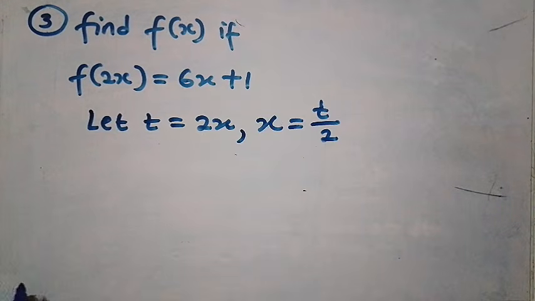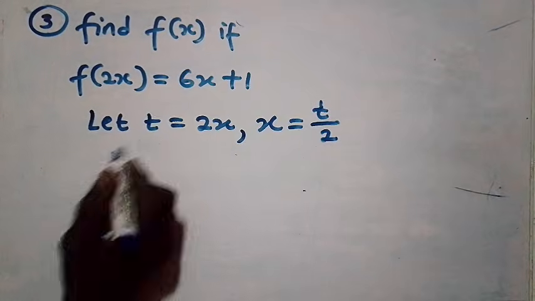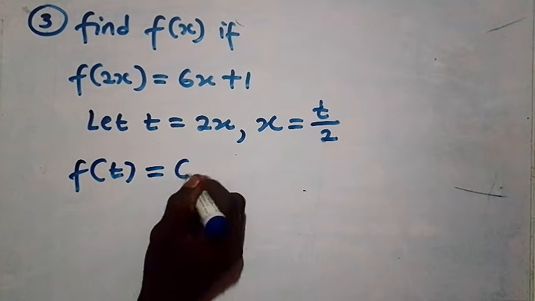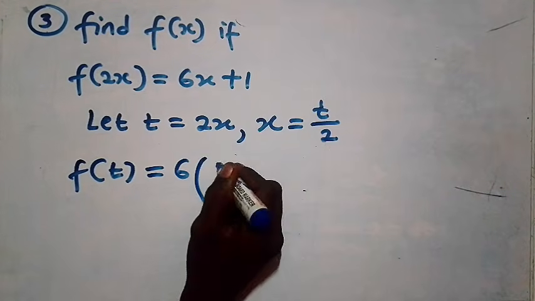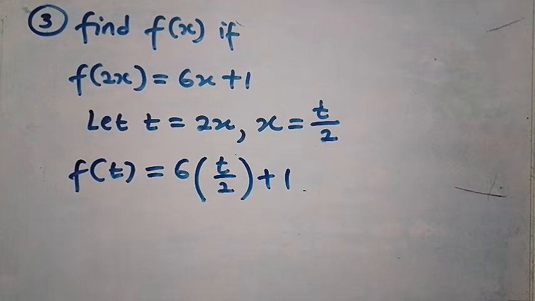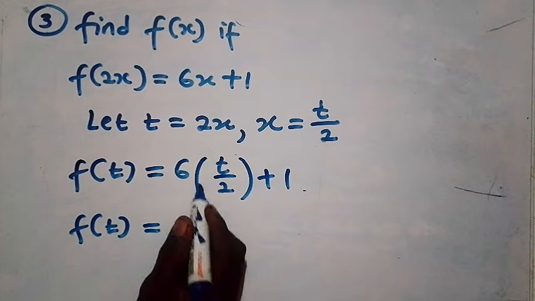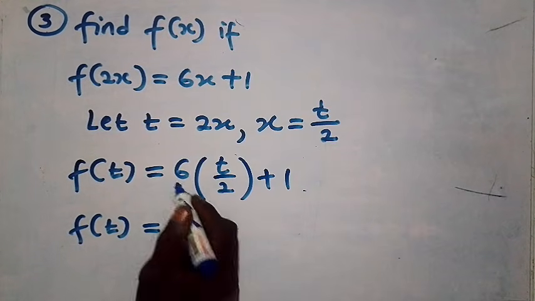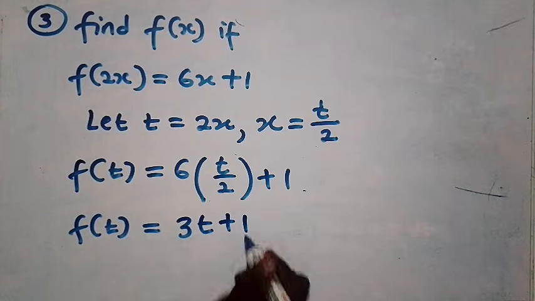Now let's substitute it. F of 2x, 2x equals t. Then we have f of t equals 6, this is x, and x equals t over 2, t upon 2, plus 1. F of t will be equal to 2 here 1, 2 here 3, 3 multiplied by t, that is 3t plus 1.